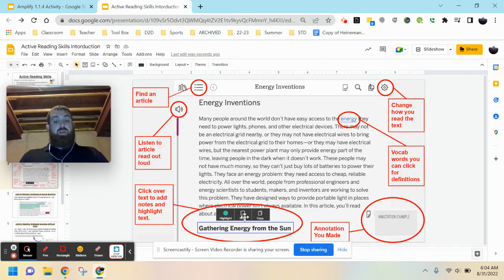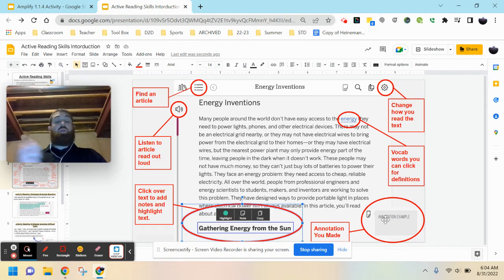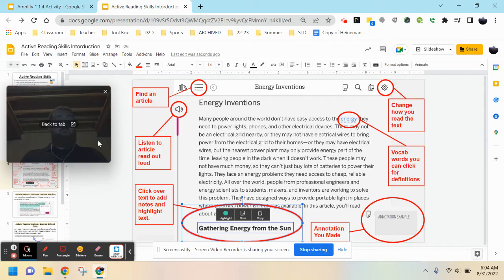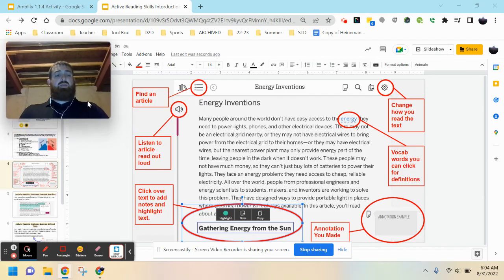It's that note-taking button that you see here that allows us to make text. So whenever you click on a text or whenever you drag across, you can then add in those notes, those questions, those connections, or those confusing topics as you go. So as we're making those annotations, that's how we go about navigating the article to help us.